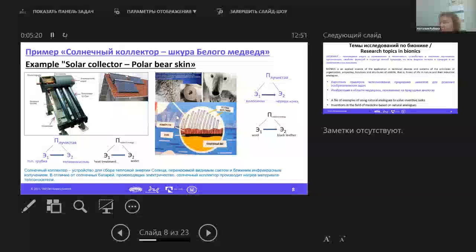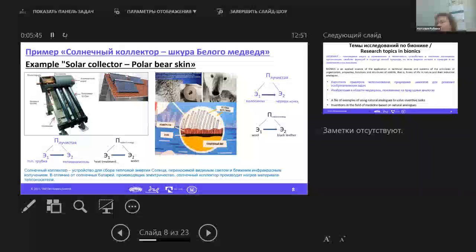So we see that the skin of a polar bear is actually black, and those transparent hairs make it look white. In areas without hair, you can see this black skin. The black color is actually a good attractor of solar energy.